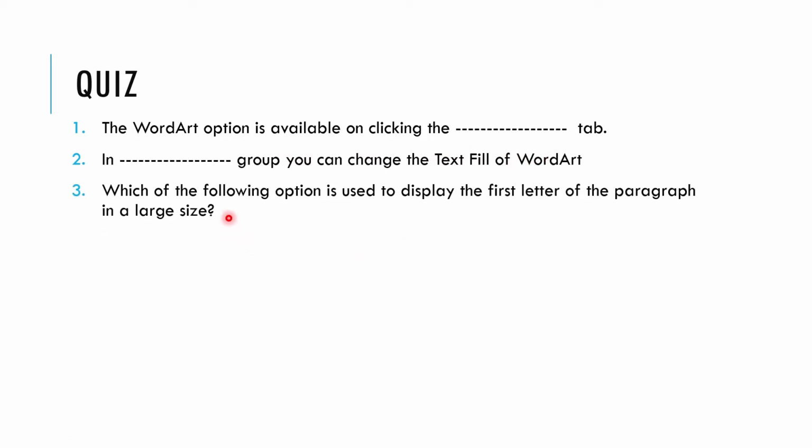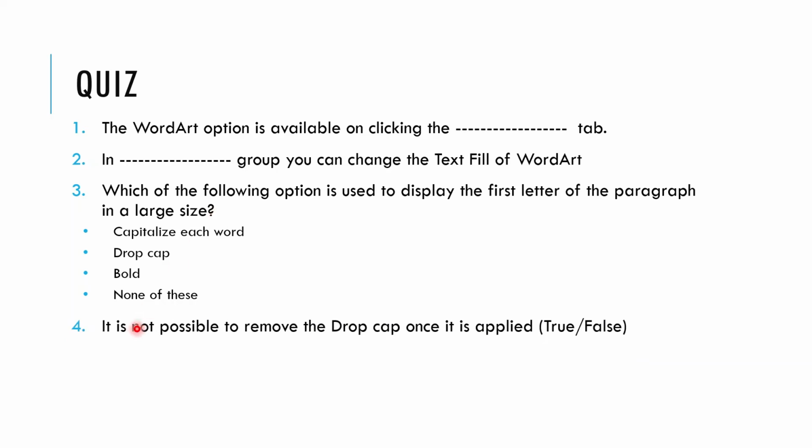Which of the following options is used to display the first letter of paragraph in a large size? And your options are capitalize each word, drop cap, bold, or none of these. The last one is it is not possible to remove the drop cap once it is applied, true or false.